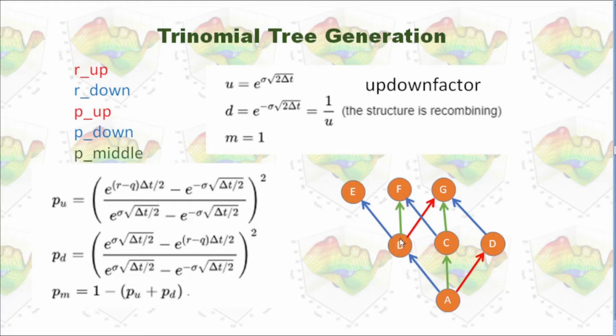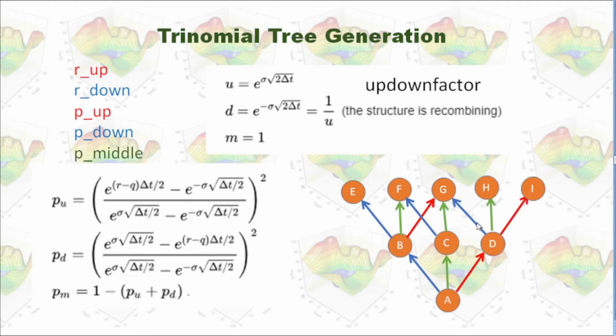One is from B, one is from C. So for F, you have to consider the probability of going to the middle and the probability of going down. And please remember, these two probabilities should sum up to 1 because there is no possibility for other data points to go up. And then you will use those two paths to calculate the value of data point F.